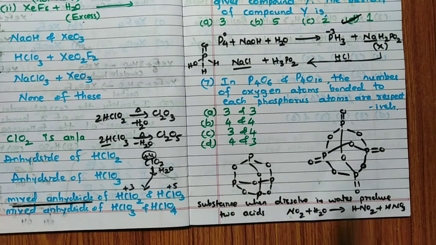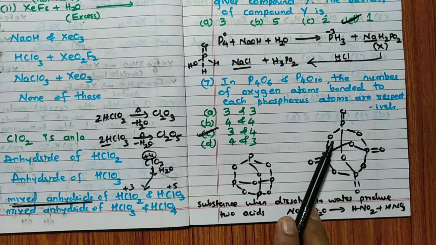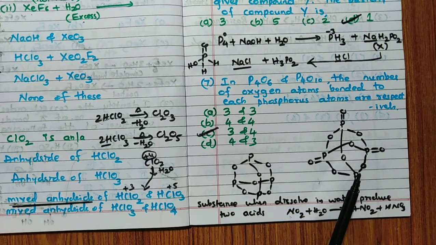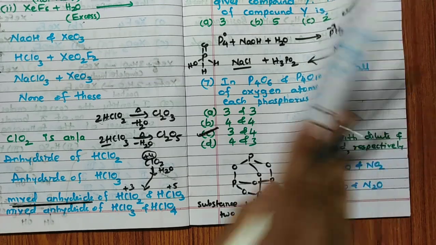Hence the answer for this is 3 and 4. Option is C. The same question was asked once, remember, how many P-O-P bonds are there, or how many bridging oxygen atoms are there. You have seen questions like this in previous years. The P4O10 and P4O6 structures are important, practice these structures.